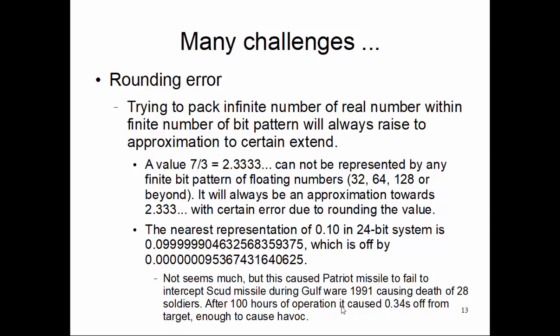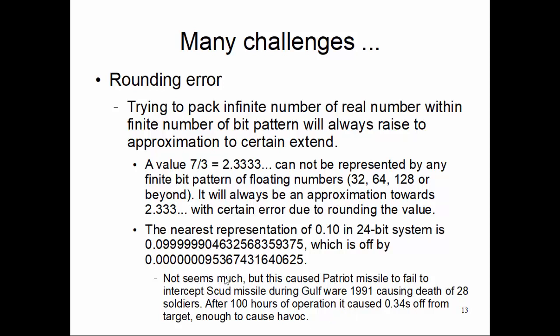the nearest representation. Another example, 0.10, which is a pretty uniform number, right? 0.1, in a 24-bit system, you cannot represent it. It's kind of 0.09999 something, which is off by very little.